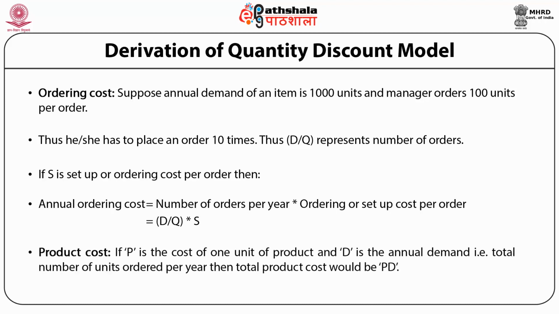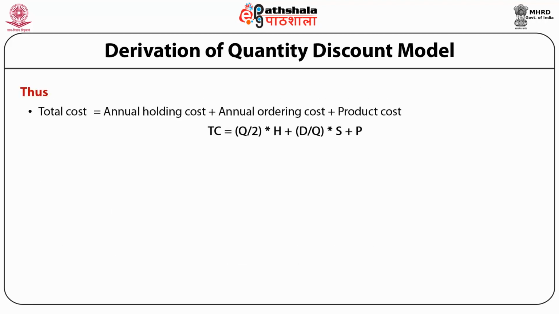Product cost. If P is the cost of 1 unit of product and D is the annual demand, that is, the total number of units ordered per year, then total product cost would be PD. Thus, total cost equals annual holding cost plus annual ordering cost plus product cost.